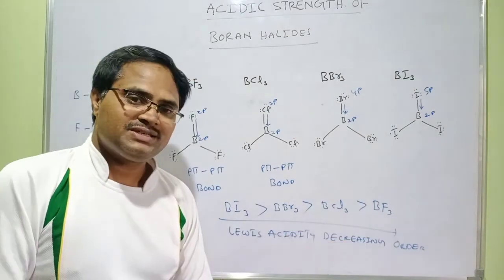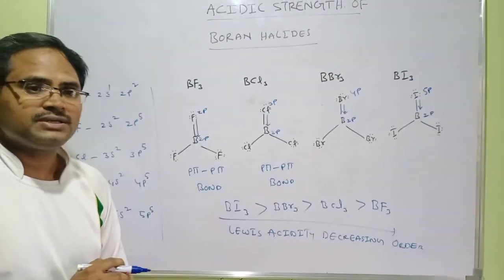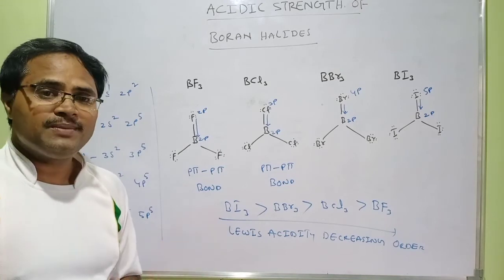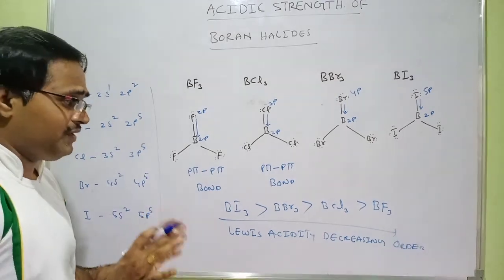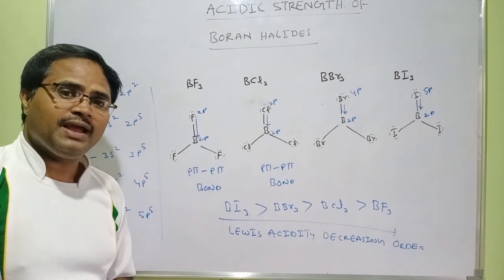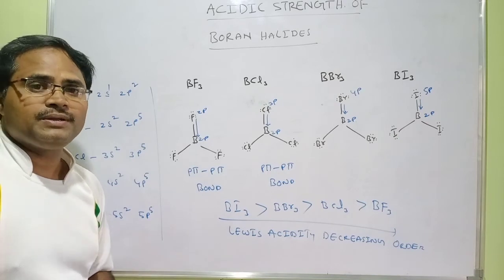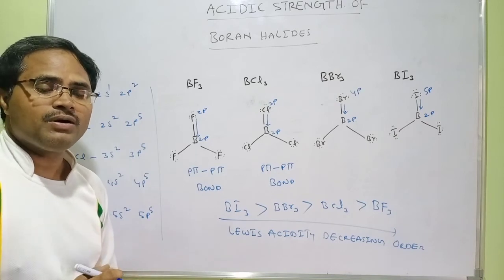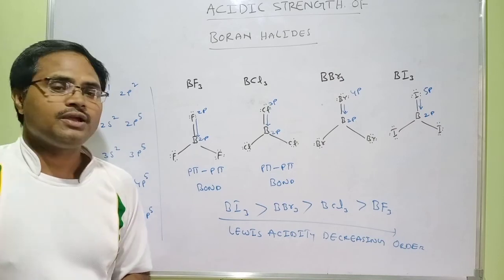Therefore, BF3 is a weak Lewis acid and this is a strong Lewis acid. This question has come many times in the NEET exam and IIT also. So it's a very important concept. If you have any questions regarding this, you can type in the comment box so that I can reply to you. Okay, so thank you for watching.